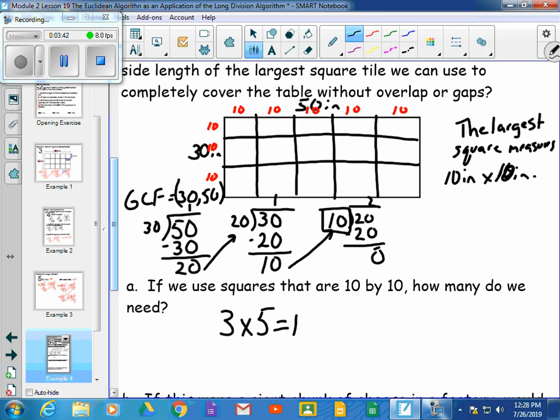If we multiply them, we get 15 squares. Count those squares: 1, 2, 3, 4, 5, 6, 7, 8, 9, 10, 11, 12, 13, 14, 15. We would use 15 squares that measure 10 inches by 10 inches.